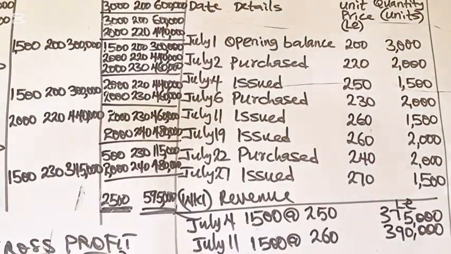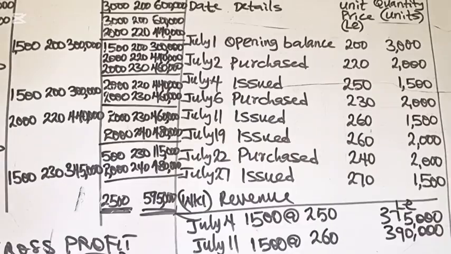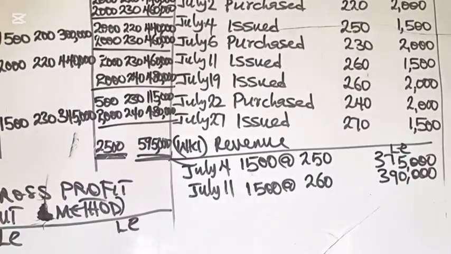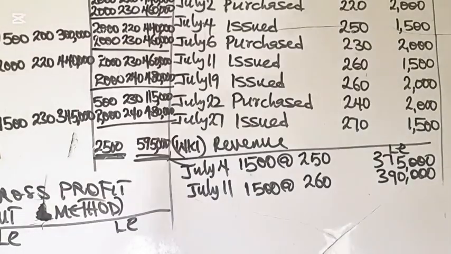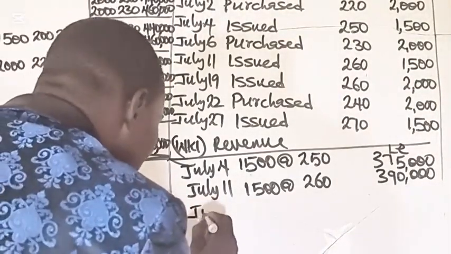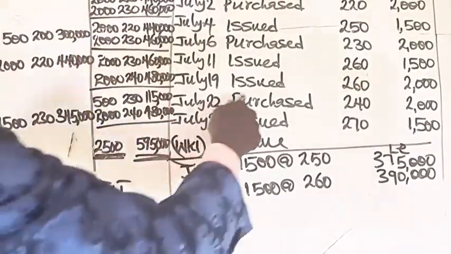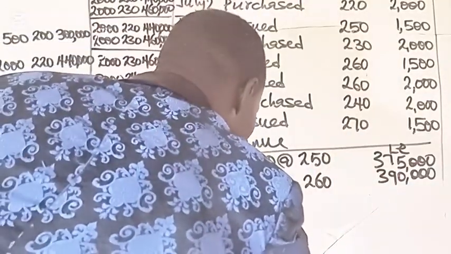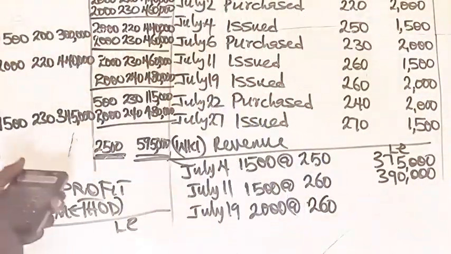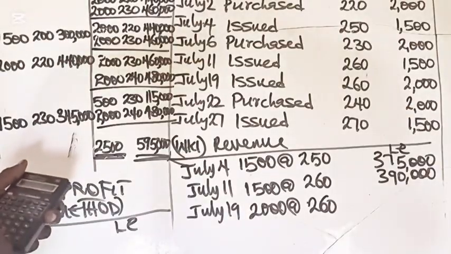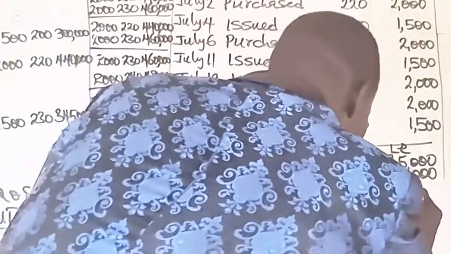After the 11th of July, we have another sale made on the 19th of July. That is 2,000 units at the price of 260 Leone. 2,000 times 260 gives us 520,000 Leone.